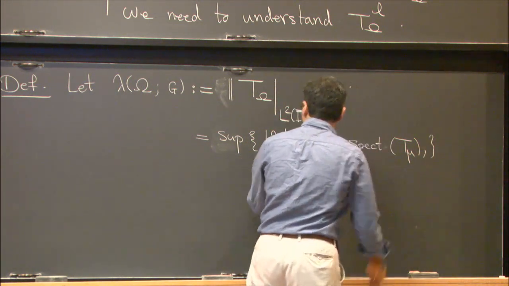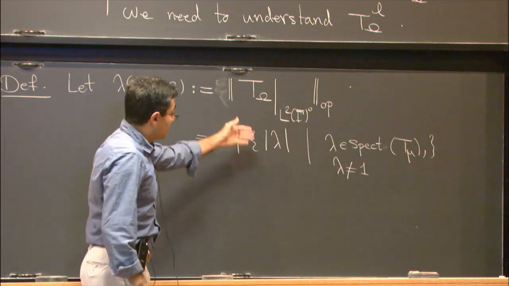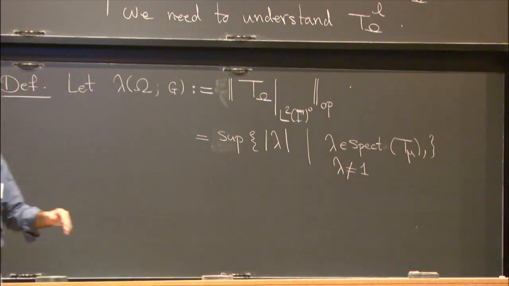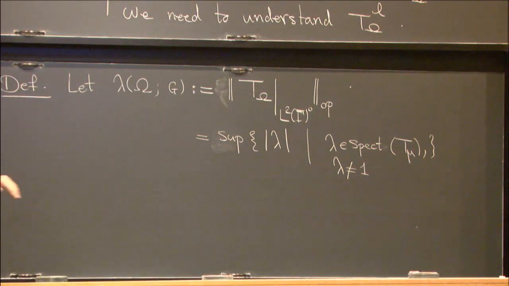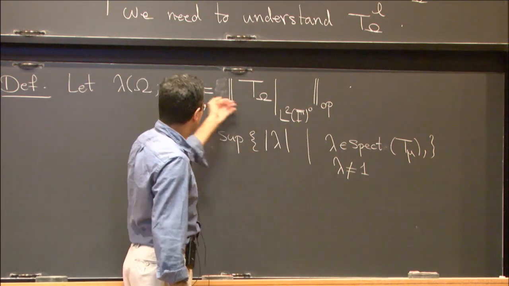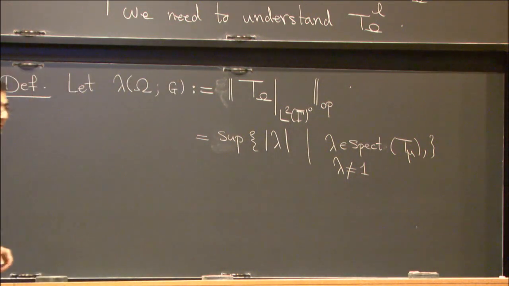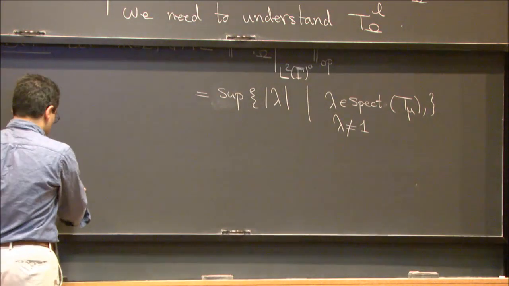So a priori minus 1 might be in the spectrum. If minus 1 is there, I'm going to get 1 for this.